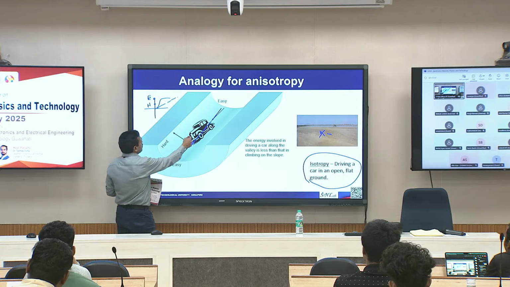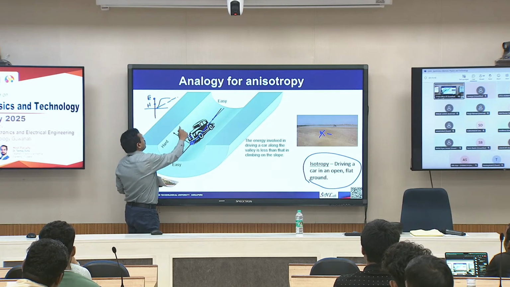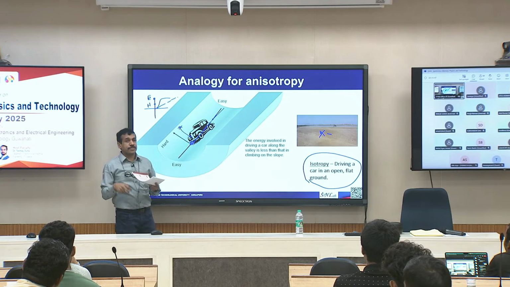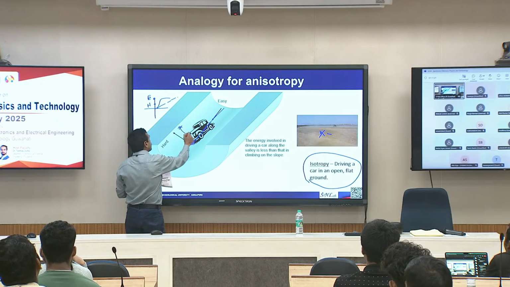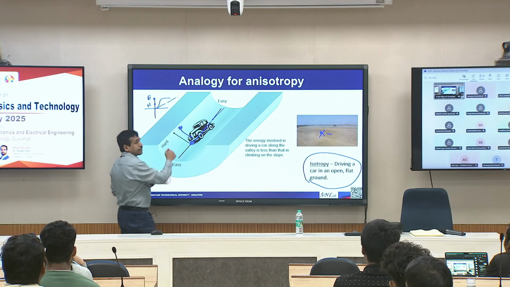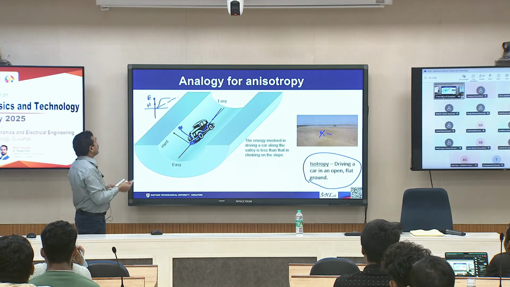On the other hand, let us say you try to drive along this direction, you apply the brake, remove the brake, what will happen? Yeah, the car will come back, it will not stay here, it will come back. So, this is another property of the hard direction.